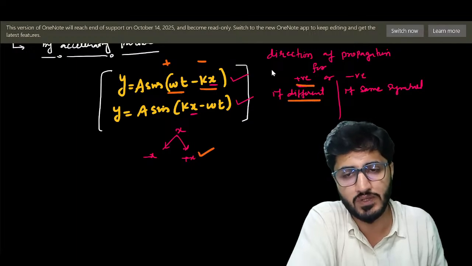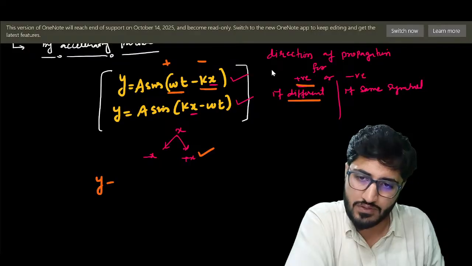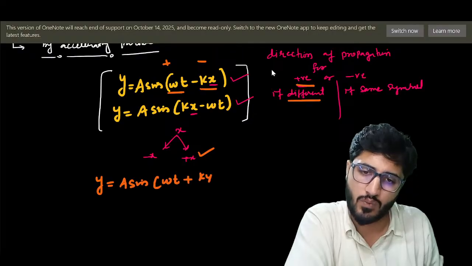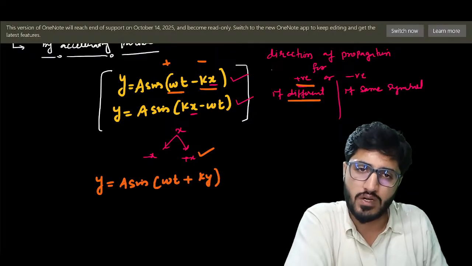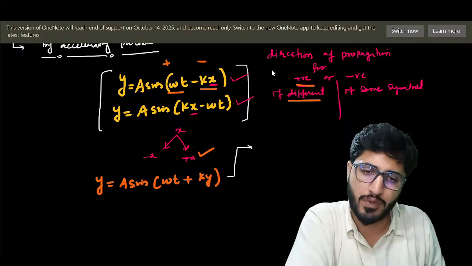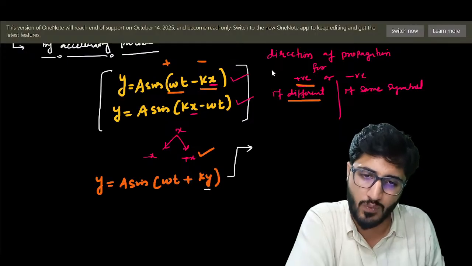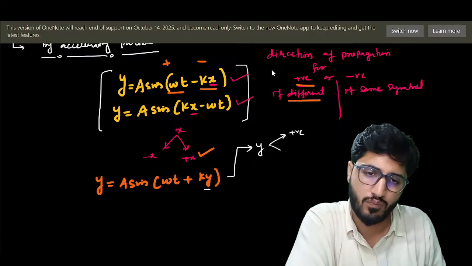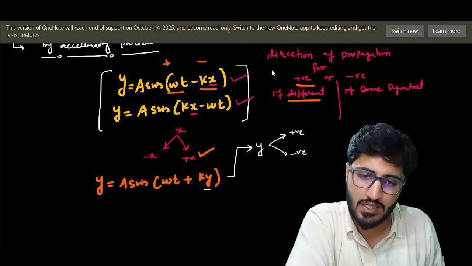One more equation, y equals A sine(omega t plus ky). Now give me the answer for propagation. First of all, it will go towards y. Then positive y or negative y? This one is positive and this one is positive.